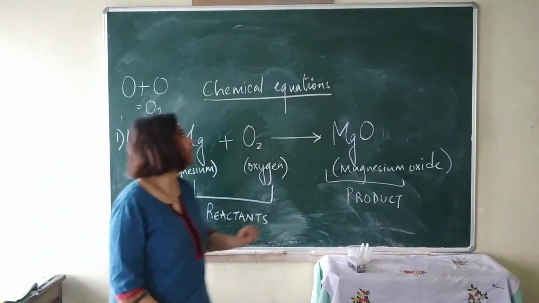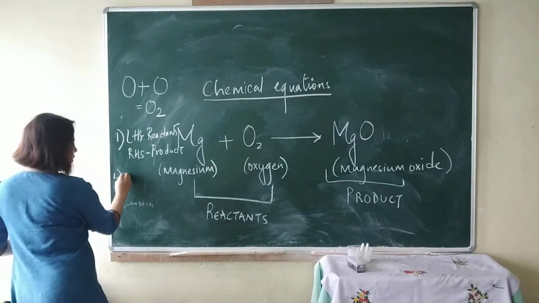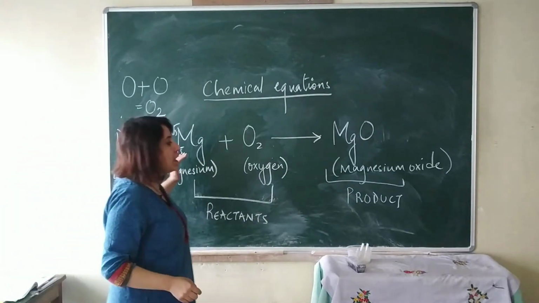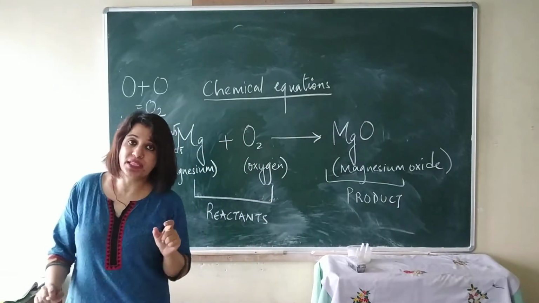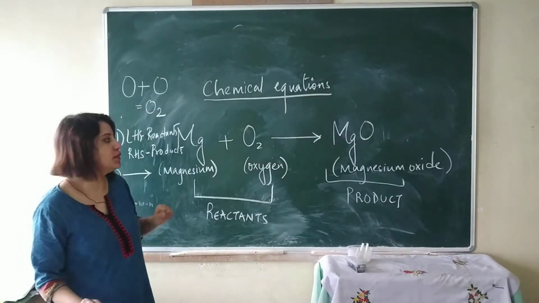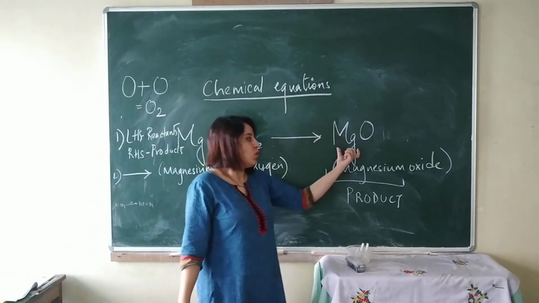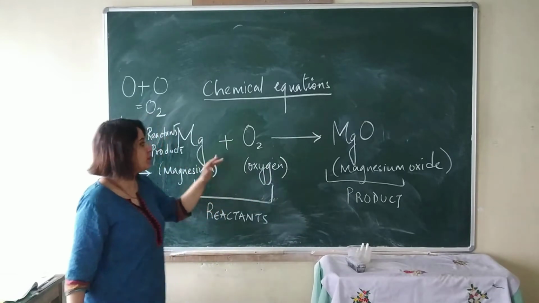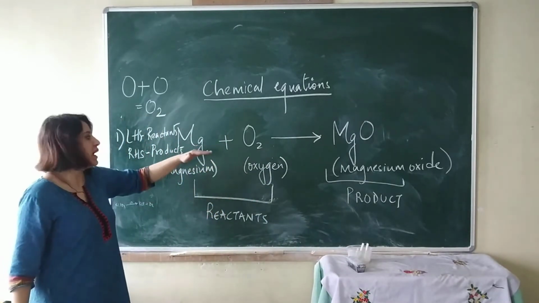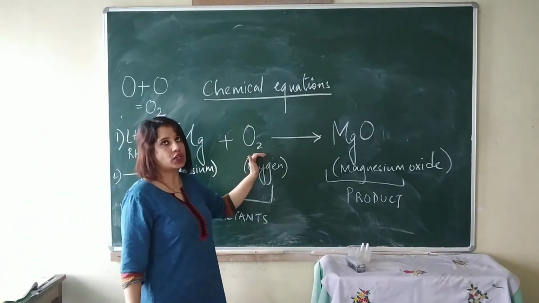What does this single arrow mean? That means the reaction is irreversible. What does the term irreversible mean? That means once magnesium oxide is formed, we cannot get back the original substance, that is magnesium and oxygen.